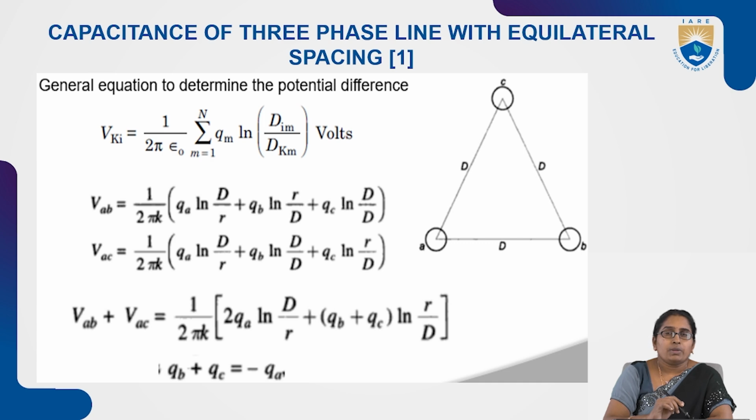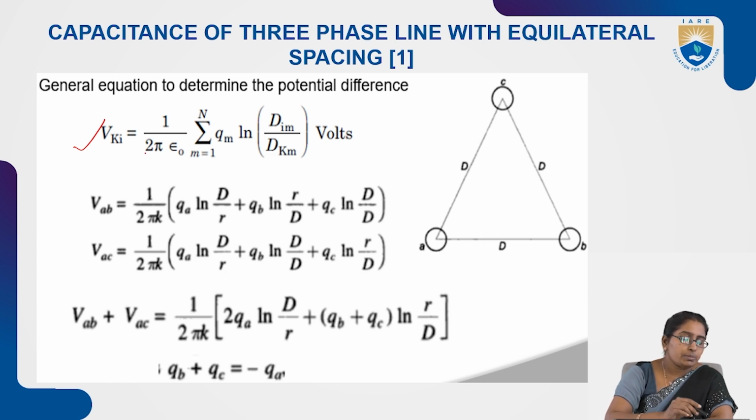Then, based on the capacitance definition, we substitute in that and get the final expression for capacitance. To write the potential difference expression, consider a group of conductors numbered from 1 up to capital N.